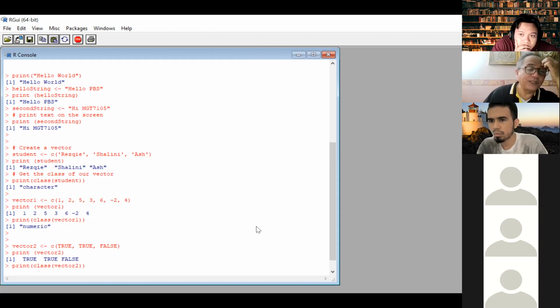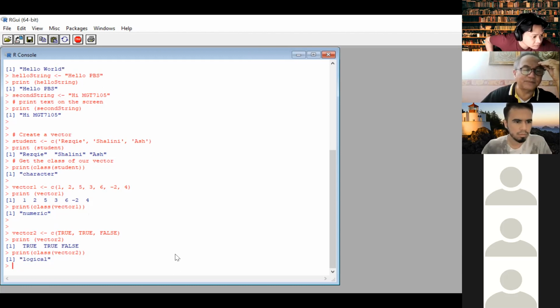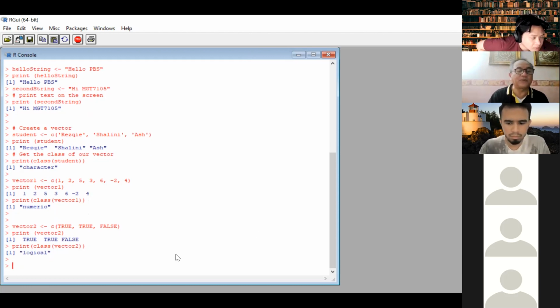Now we know that we already have vector 1, we already have vector 2. Now how do we call the vector? Say we want to call a certain number in vector 1.